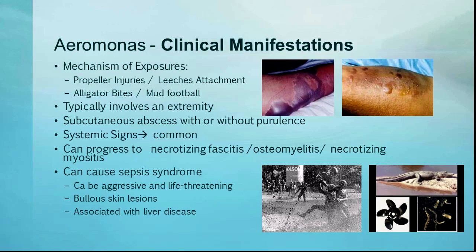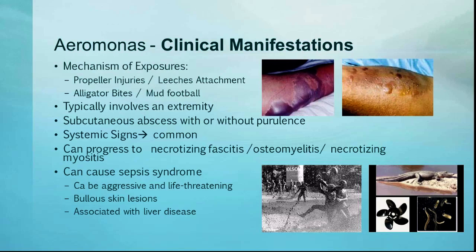Alligator bites have been associated with Aeromonas, and mud football. There was a case series of, I forget how many patients, in Australia back in the 1970s that were all in mud football, and pretty much all of those had Aeromonas-related wound infections.